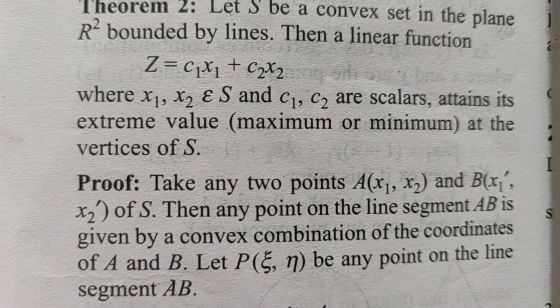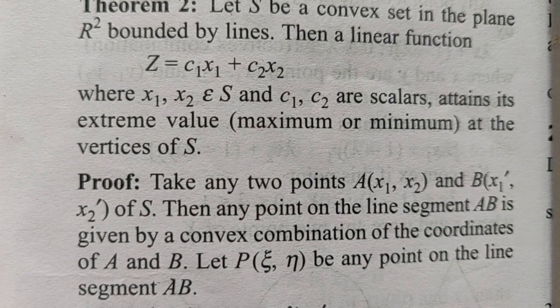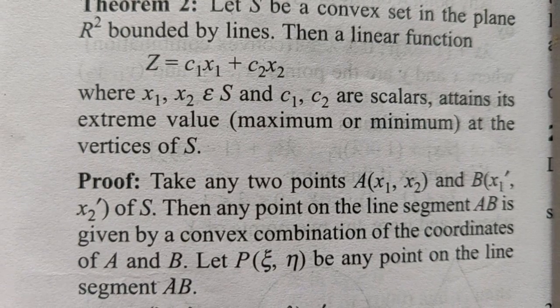Then a linear function, and we know that in an LPP we consider linear functions only, which would be your objective function, Z equal to c1 x1 plus c2 x2, where x1, x2 is an element of S and c1 and c2 are scalars, attains its extreme values, that is maxima or minima, at the vertices of S.